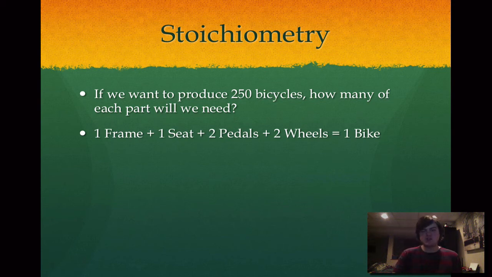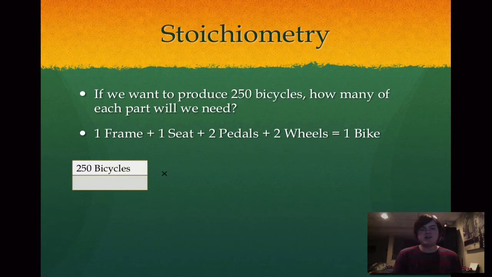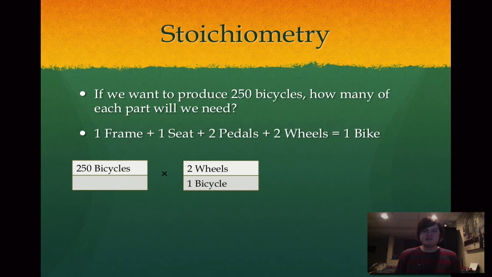Again, we're going to start with what we know. In this case, it is 250 bicycles. Times in a line, and this next part is going to depend on which individual part you chose to convert to. I'm going to choose wheels here. So we put bicycle on the bottom and wheels on top.